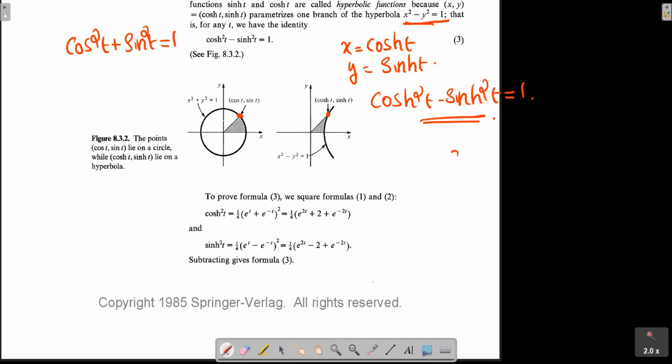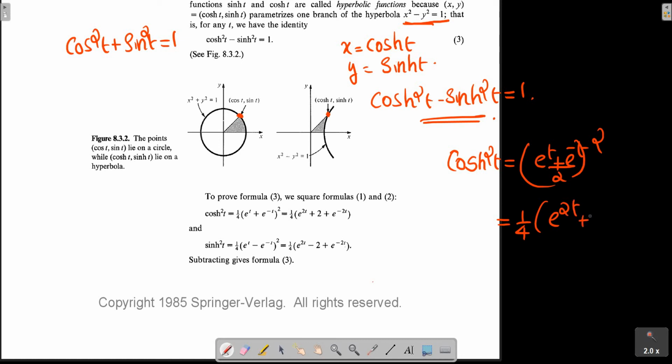So substitute here, that is cosh square t is equal to (e raised to t plus e raised to minus t divided by 2) whole square. So I can write this as 1 by 4 into (e raised to 2t plus 2 into e raised to t into e raised to minus t plus e raised to minus 2t).